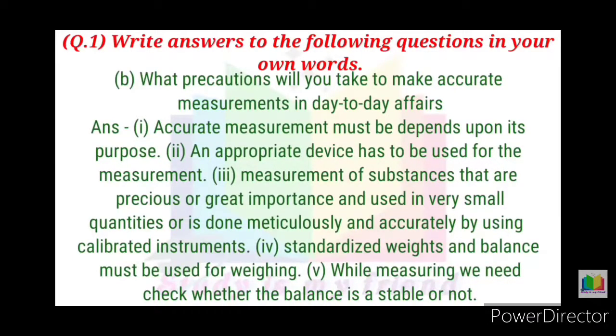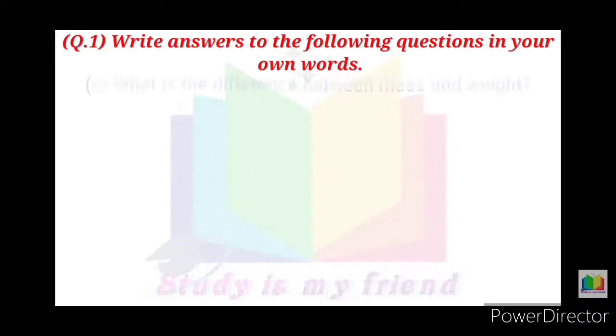Measurements of a substance that is precious or of great importance and used in very small quantities are done meticulously and accurately by using calibrated instruments. Standardized weights and balances must be used for weighing. While measuring, we need to check whether the balance stand is stable or not.